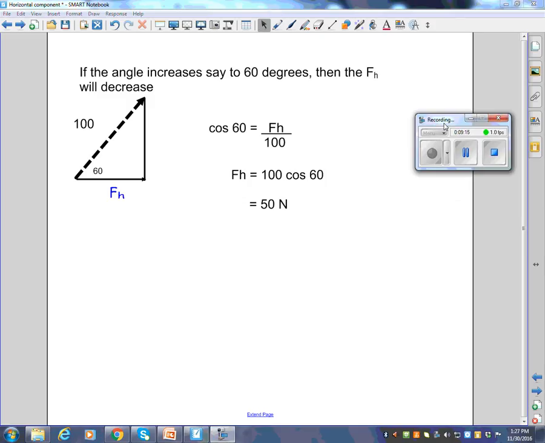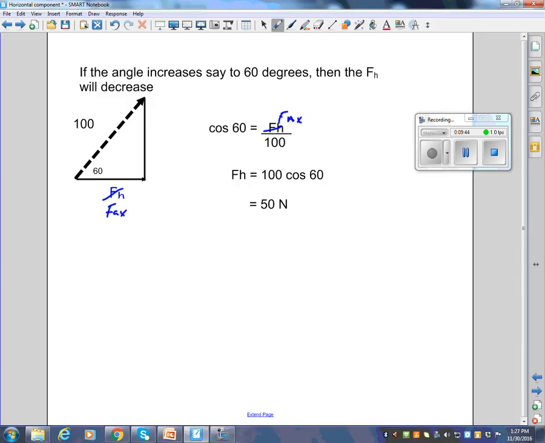Now, if that angle increases to, say, 60, and this is kind of what I was talking about, well, then it's just going to be cos 60 equals FH over 100. You're going to get 50, right? As the angle gets bigger, the horizontal component actually gets smaller. And that works for any angle, right?